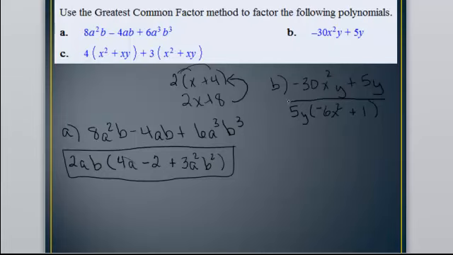So you could leave your answer in this form, or you could factor a negative 5y out. If you factored out a negative 5 here, that just means all these signs will change. You would get a 6x squared and a minus 1. Negative 5y times 6x squared is negative 30x squared y, and negative 5y times negative 1 is positive 5y. So really and truly both of these are okay.